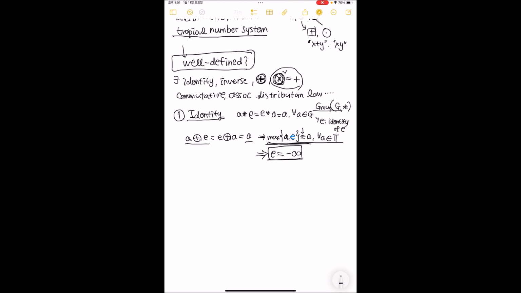Of course, as I said, tropical multiplication is just natural addition. So the identity and inverse element trivially exist. Interestingly, when we investigate the inverse element of the tropical sum, I only focus on the tropical sum. For example, let's see this equation.